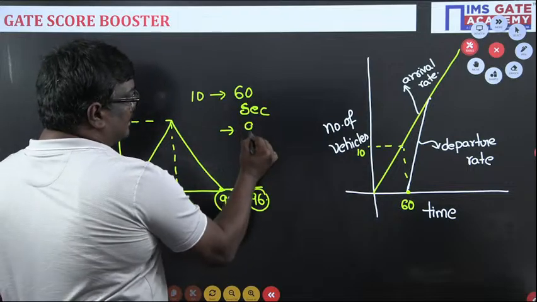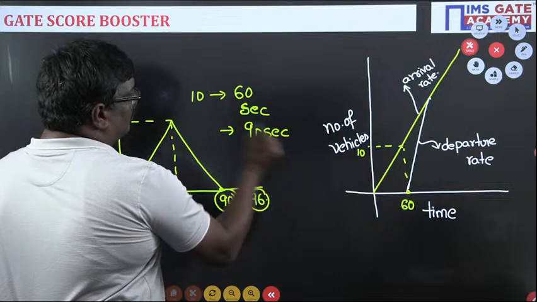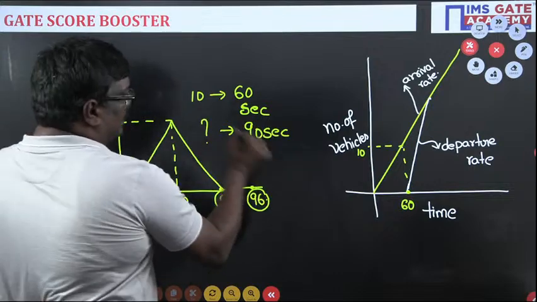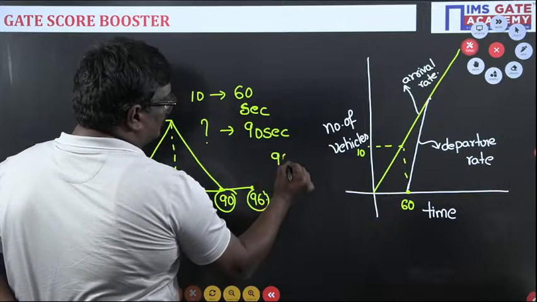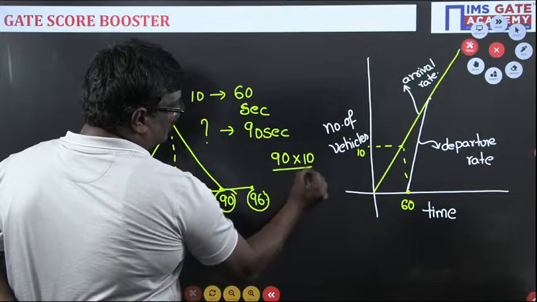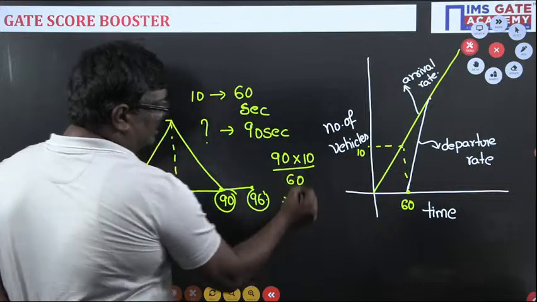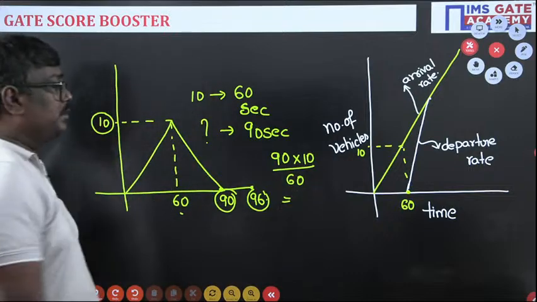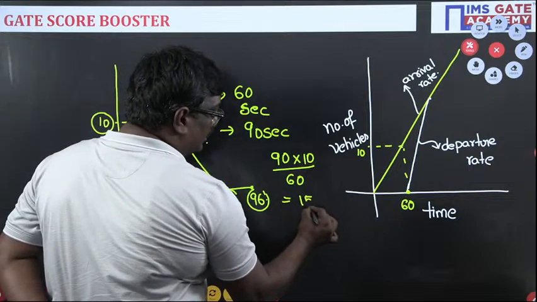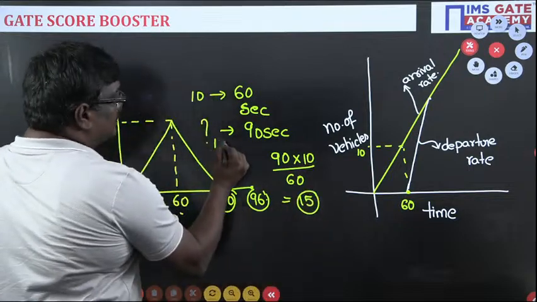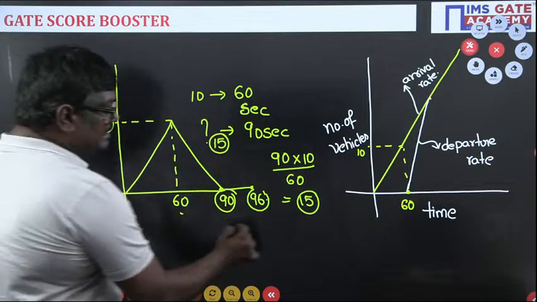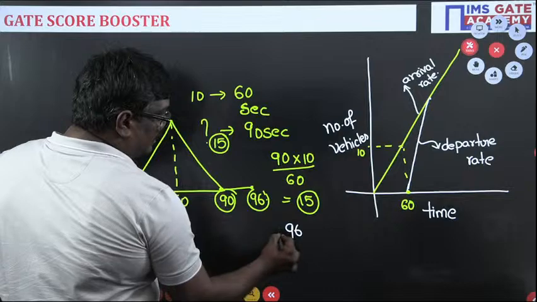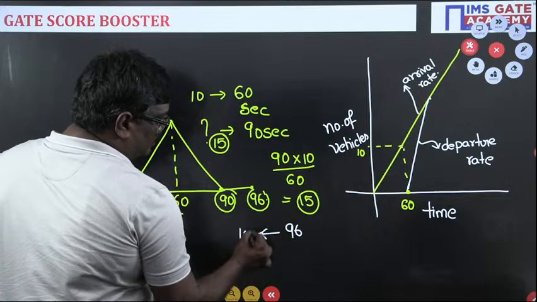For 90 seconds, what will be the number of vehicles? 90 into 10 divided by 60, that is 90 by 60, 1.5, that will be equal to 15 vehicles. Similarly, for 96 seconds, it will be equal to 16 vehicles.